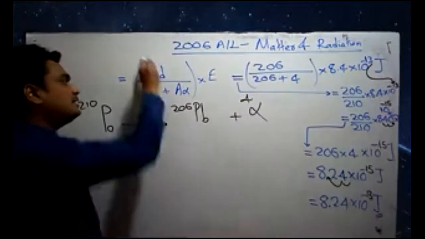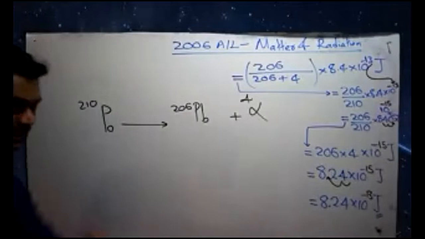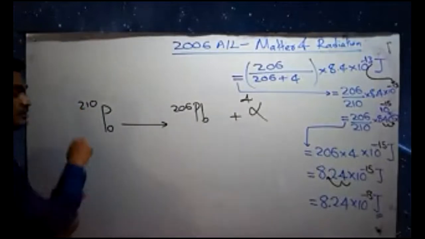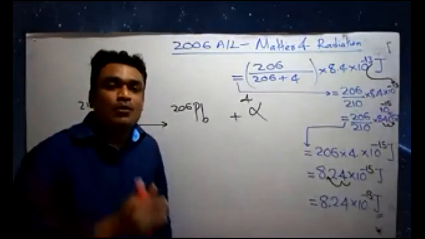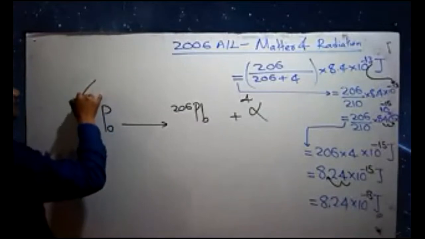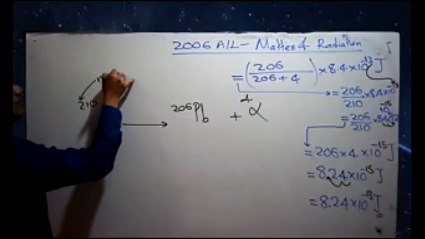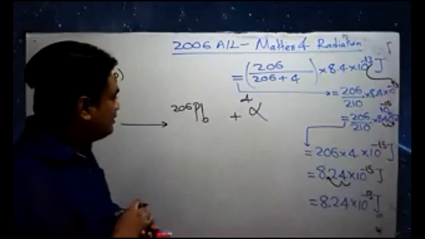What is mass number here? Mass number gives the summation of the number of protons and the number of neutrons in the sample. So this is the summation of number of neutrons and number of protons, right?